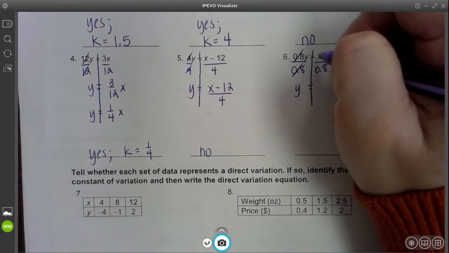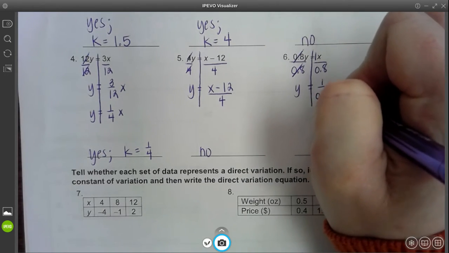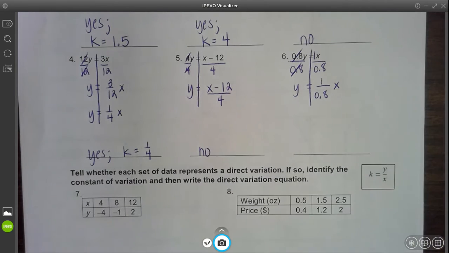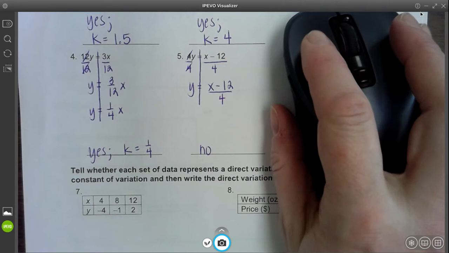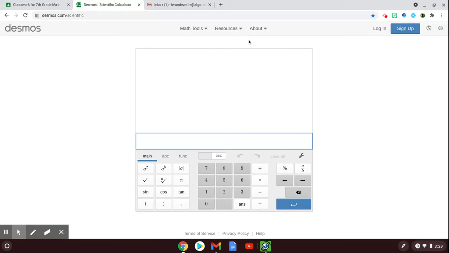And in this one, it's really a 1 in front of the x, so it's really like 1 over 0.8x. But we really don't want to have decimals in our fractions. So I am going to go into Desmos here, and I'm going to do 1 divided by 0.8.